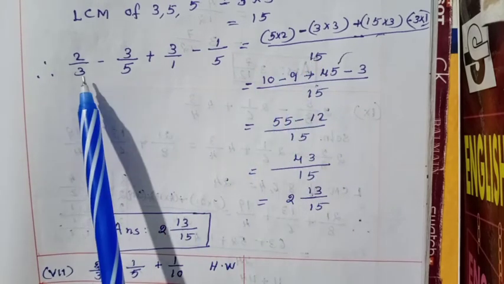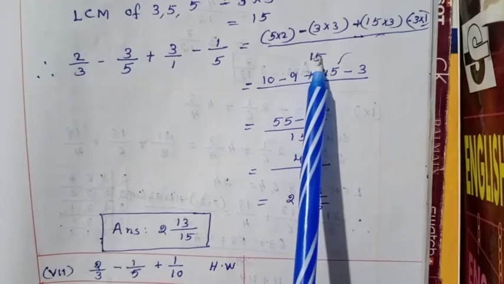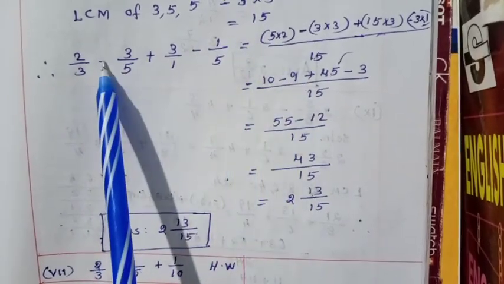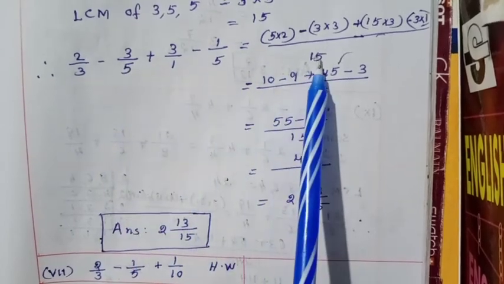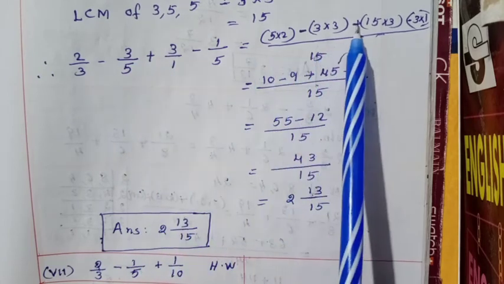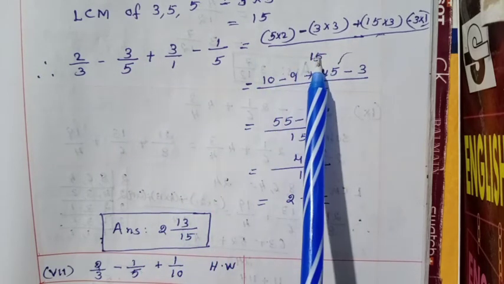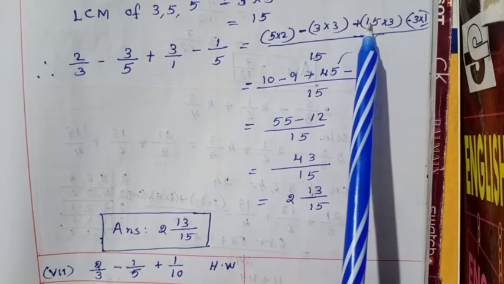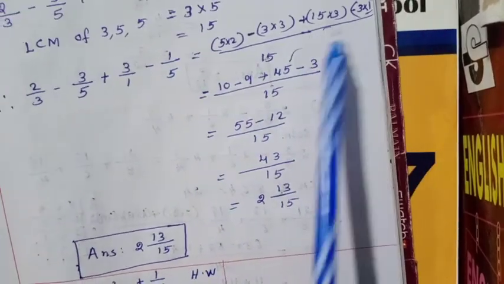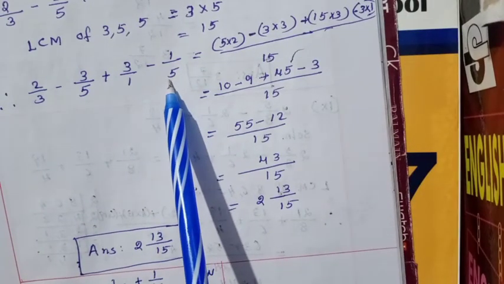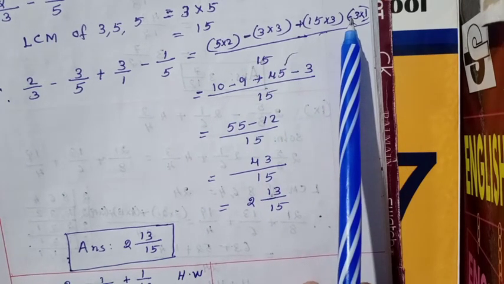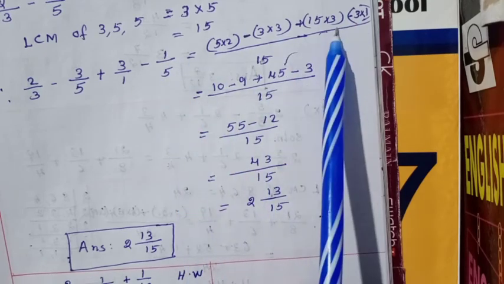Now the same procedure to follow: 3 how many times in 15, that is 5 times into numerator 2, then minus, 5 how many times in 15, that is 3 times into 3, plus 1 how many times in 15, that is 15 times, 15 into 3, then minus, last denominator 5 how many times in 15, that is 3 times into this one.